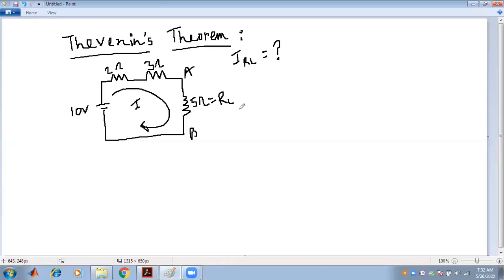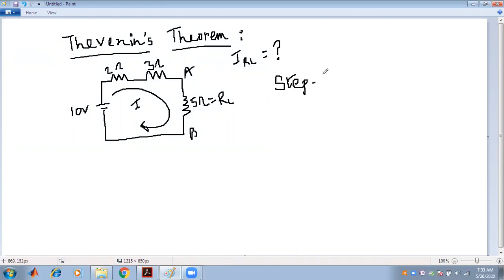Means the current that is passing through the terminal AB, or the load resistance, we have to find with the help of Thevenin's theorem. Okay, so first we will go for step 1.